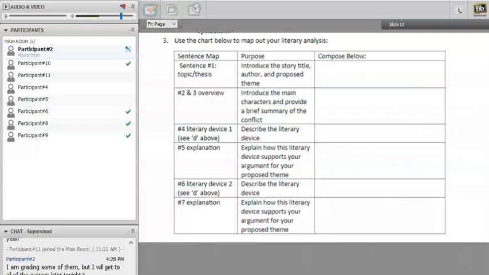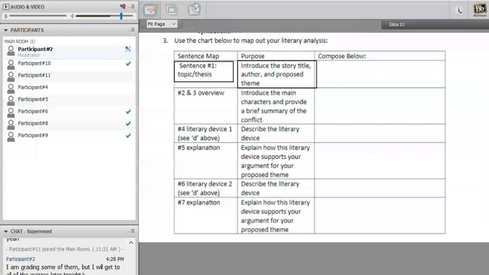And there's a chart here. And this is really just a plan, like a recipe. And the first sentence says you're just going to do a topic sentence, and you're going to have a thesis. And so in that, it says, introduce the story title, the author, and the proposed theme.